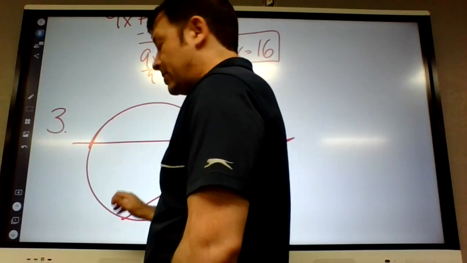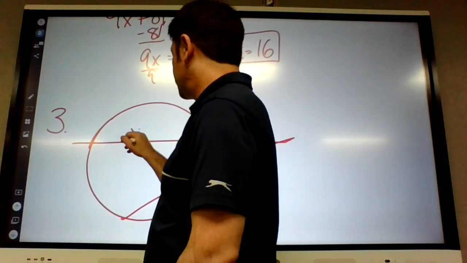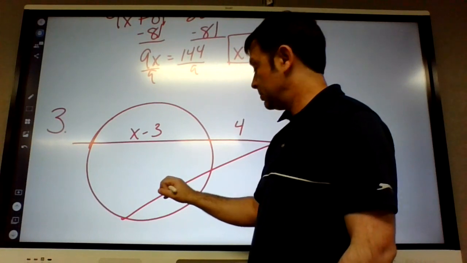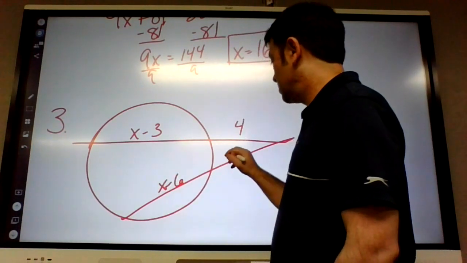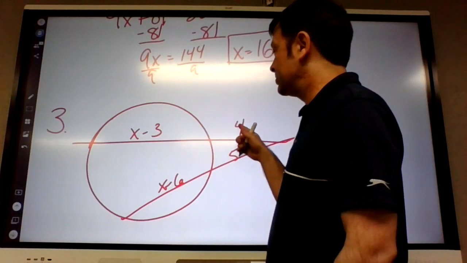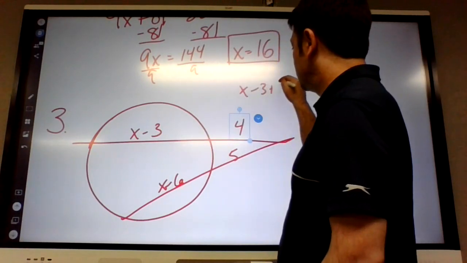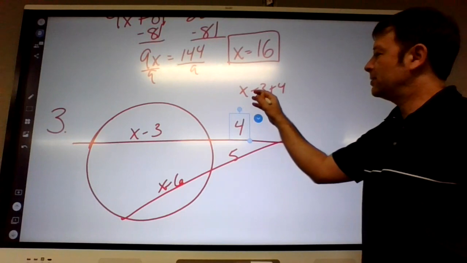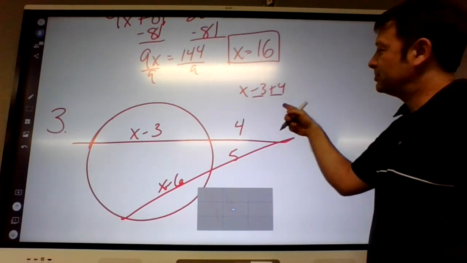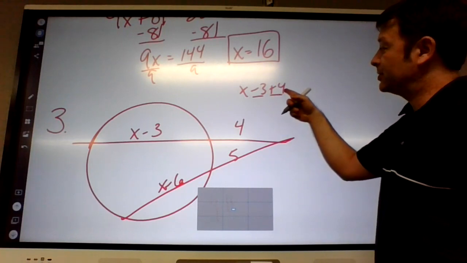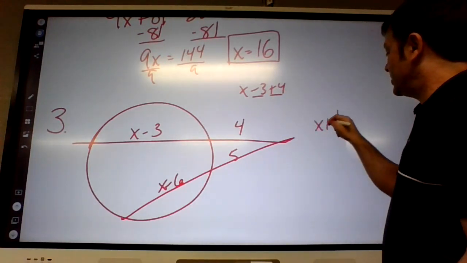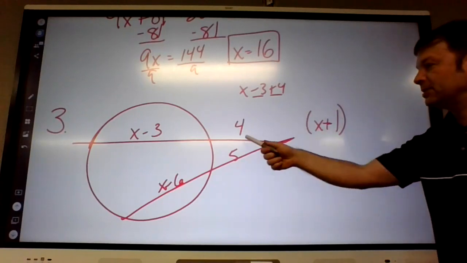Okay, so on this one, let's start on the top. What is the whole thing for the top? X minus 3 plus... Okay, what is x minus 3 plus 4? X plus 1. Yeah, negative 3 plus 4 is 1. So the whole thing is x plus 1, and the outside is 4.